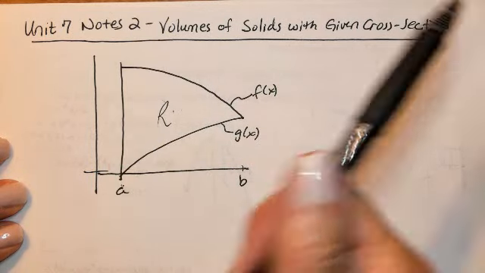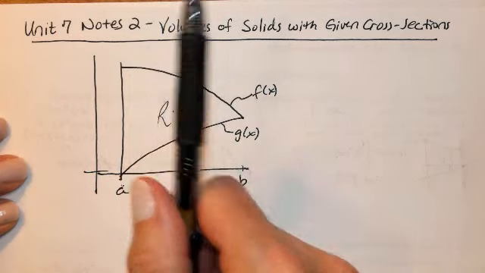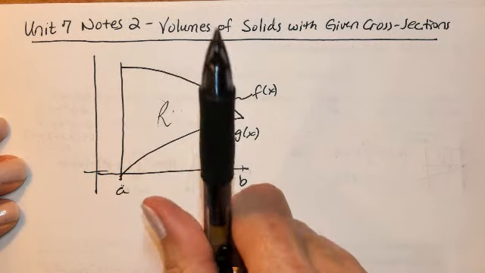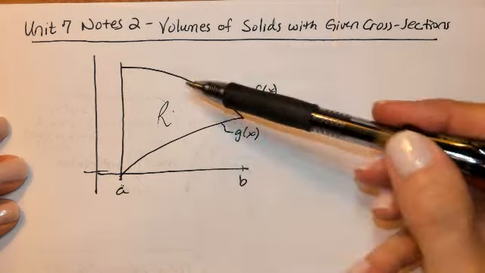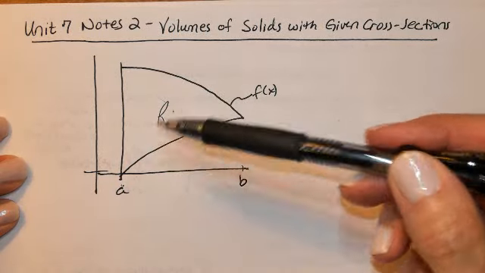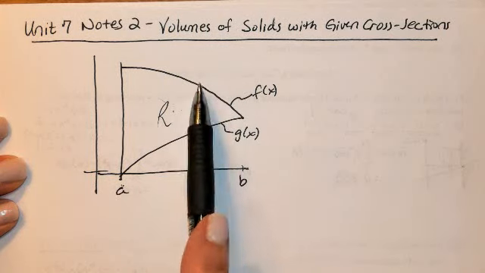We're going to have different shapes, but this time it'll be a square. So let's think about that. Each cross-section is a square. This is the base of the solid. Each cross-section perpendicular to the x-axis is a square.